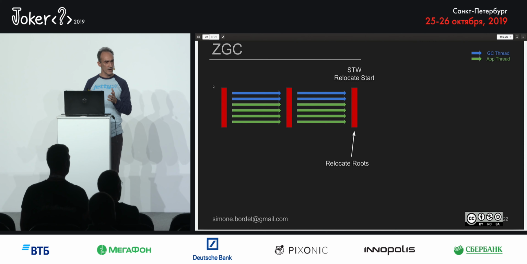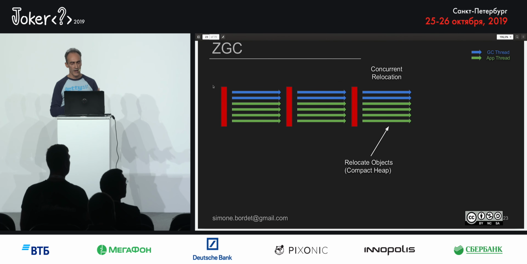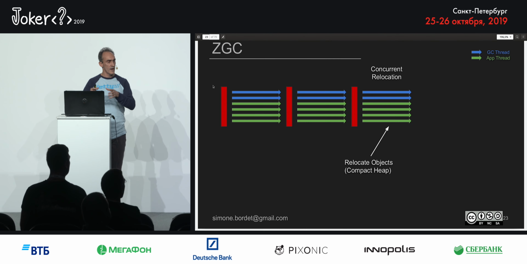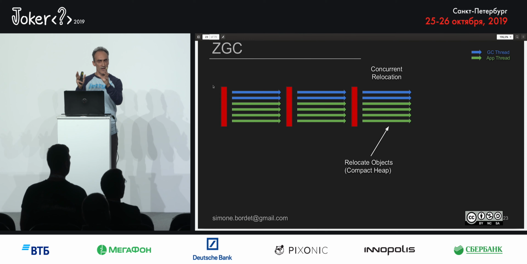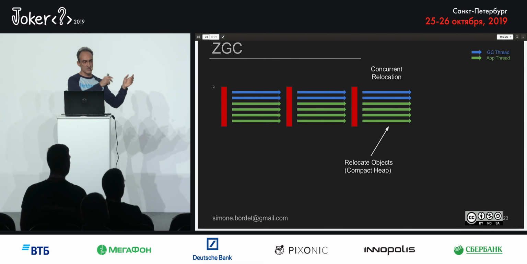Once it has moved the roots, it is free to go concurrent again and perform concurrent compaction of the heap. Now, at this point, it's navigating the object graph again, and it is moving all the objects into new Z pages so that they get compacted into new pages, and all the old pages can now be recycled.